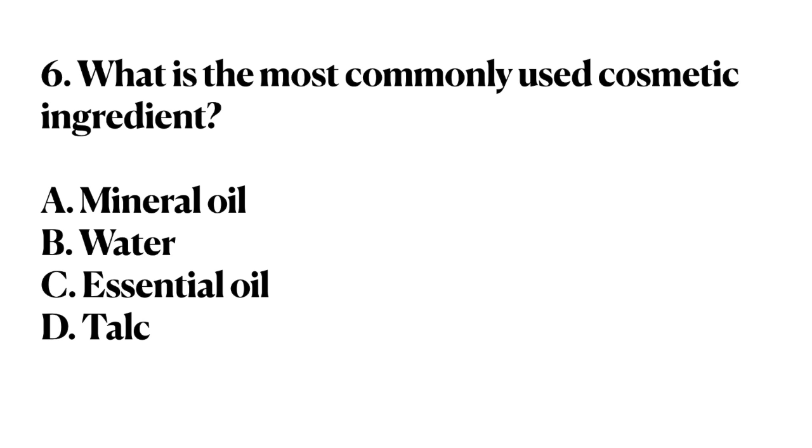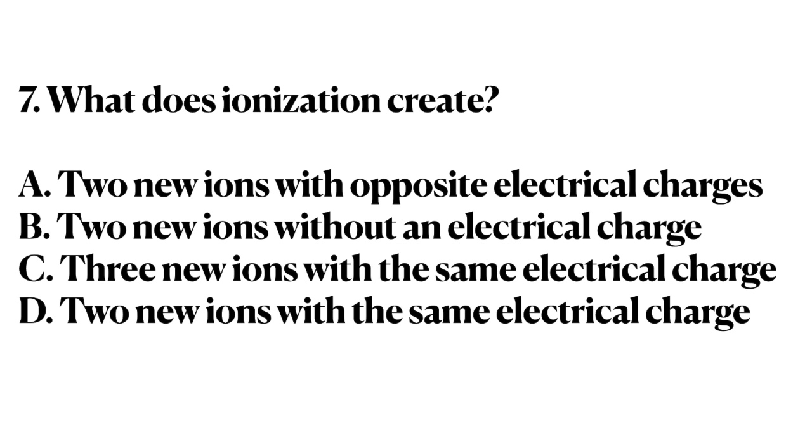What is the most commonly used cosmetic ingredient? A. Mineral oil. B. Water. C. Essential oil. D. Talc. Answer B. Water. What does ionization create? A. Two new ions with opposite electrical charges.